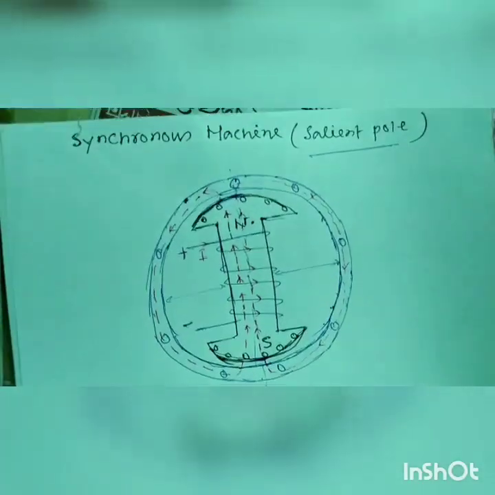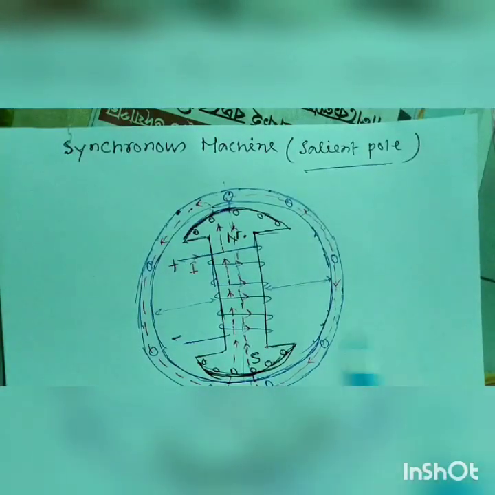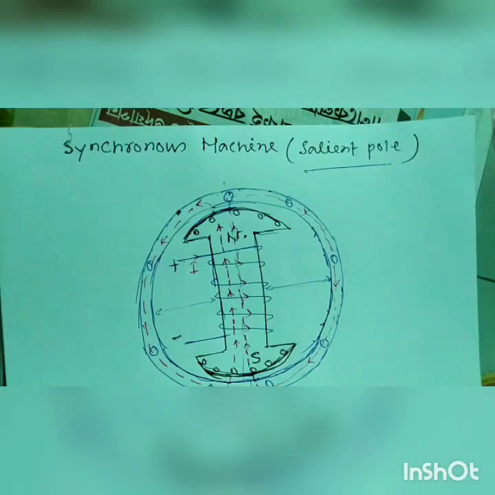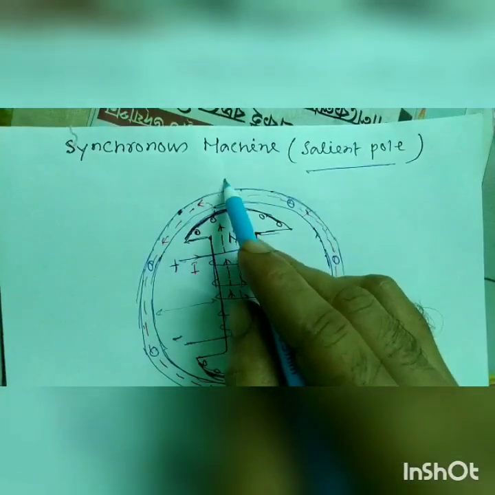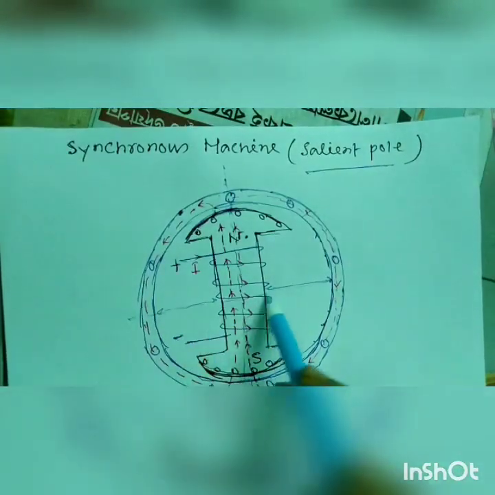So let's see the working principle, or the two reaction theorem, of the synchronous machine. As I have already told you, this is the direct axis and this is the quadrature axis.